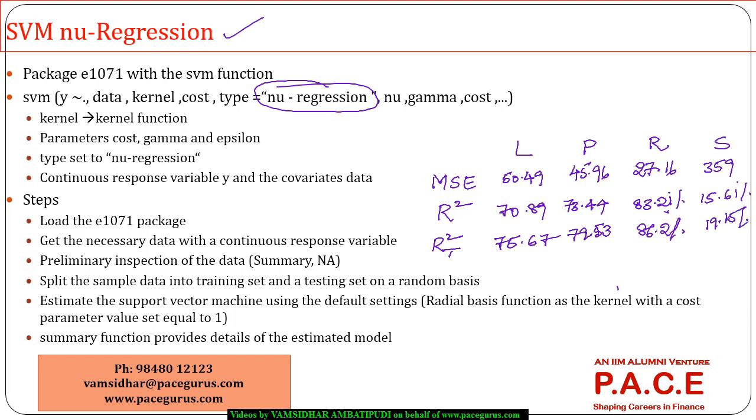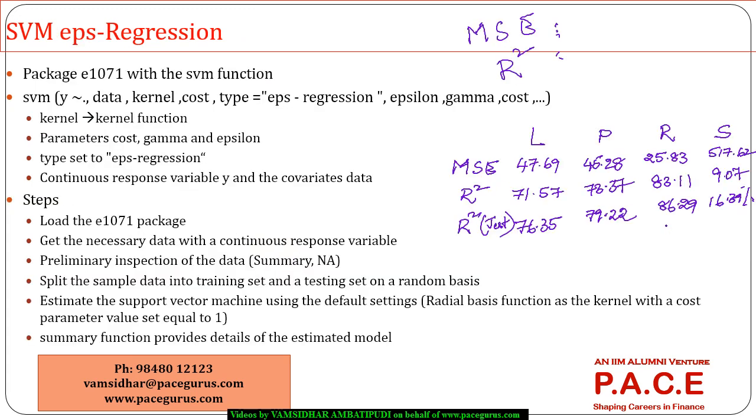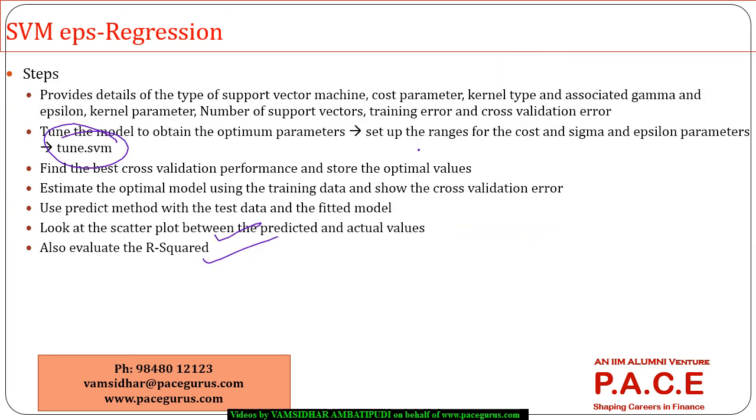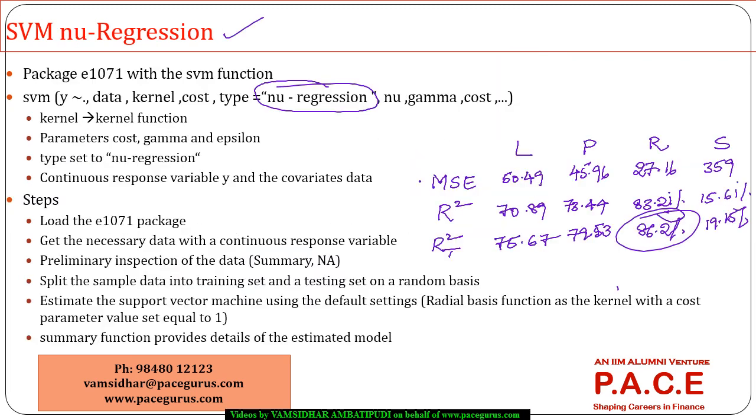So overall it looks like the radial kernel going with the default parameters with a new regression giving me 86.2% accuracy, whereas an EPS regression is giving me 86.29% accuracy on the radial kernel. So if I have to choose between these two, I will still choose for the EPS regression itself. So that's how I can very well assess the scenario of SVM new regression.